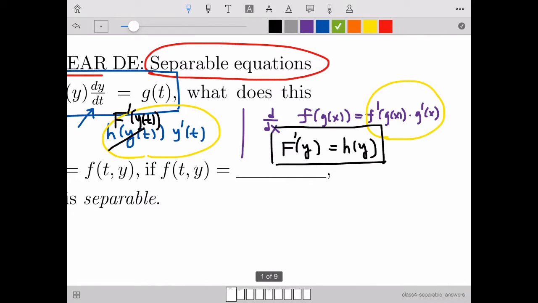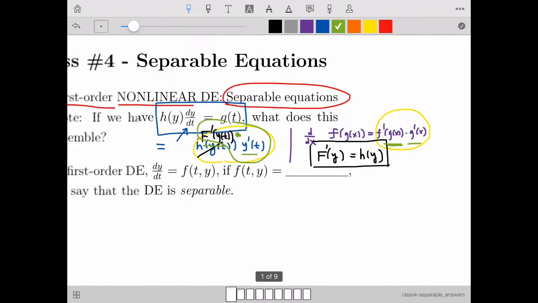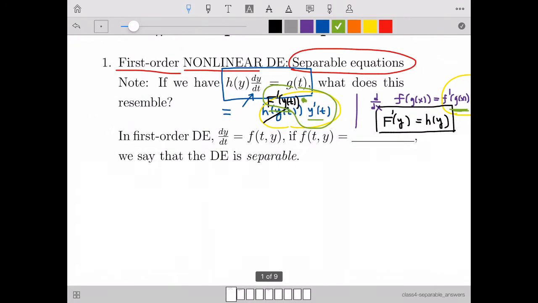Then this exactly resembles that, right? F prime of y times y prime of t, that exactly looks like this. So it resembles the chain rule in differentiation.